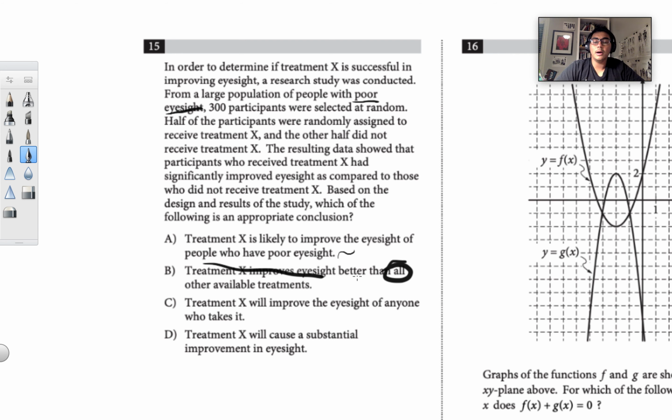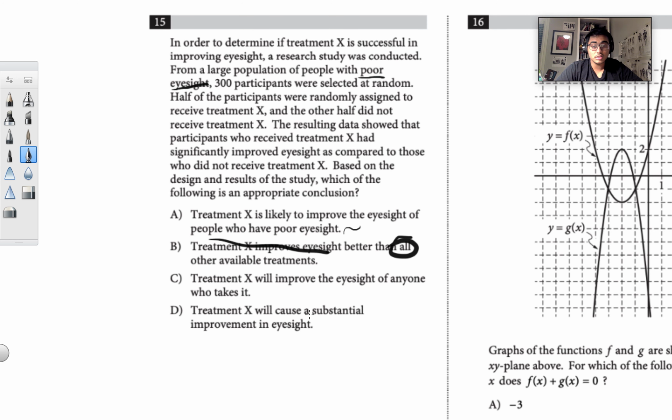They only tried 300 people. How do you know if it's going to work for all of them? Treatment X will improve the eyesight for anyone who takes it. This is another absolute, so this is also wrong.